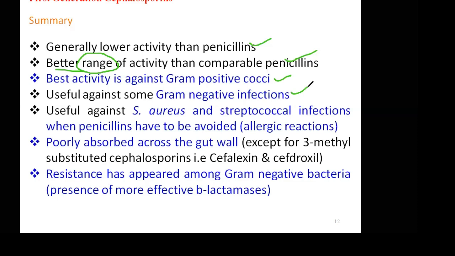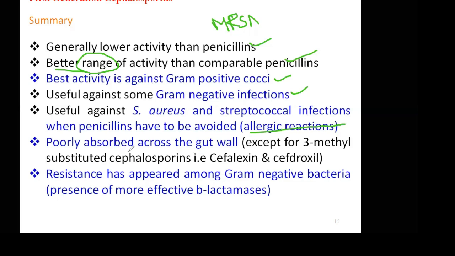Useful against Staphylococcus aureus. Is methicillin resistant Staphylococcus aureus, MRSA, there? No. Against that, these drugs cannot act. And for streptococcal infections, when penicillin has to be avoided, especially in allergic reactions and anaphylactic conditions.